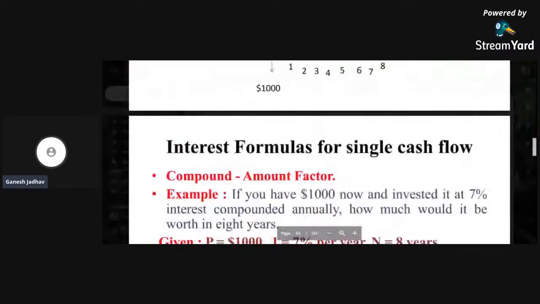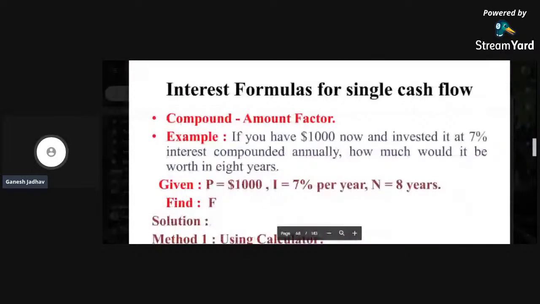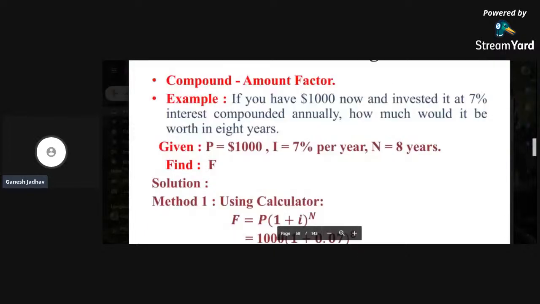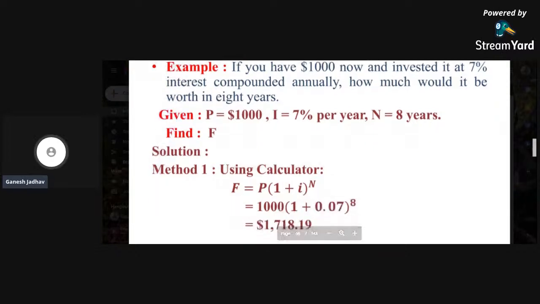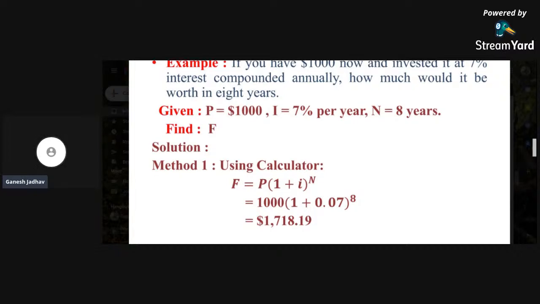You can calculate your future value by using a number of methods. So the first method, using the calculator: F is equal to P times (1 plus I) raised to n. This is the simple formula to calculate your future value. So what is your P?